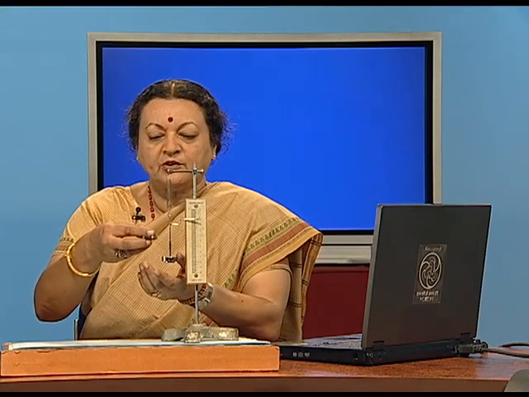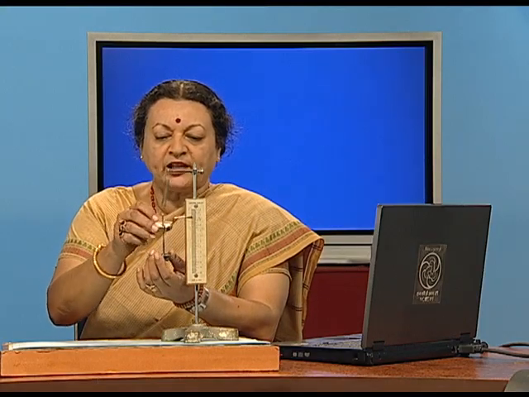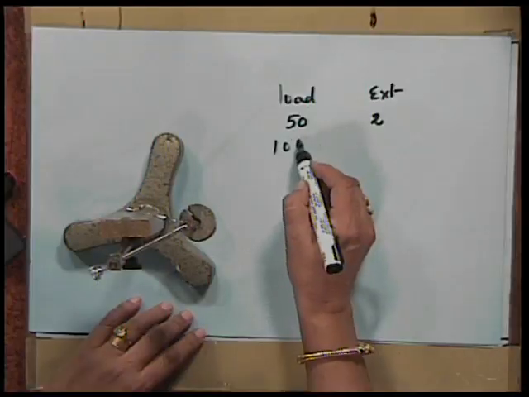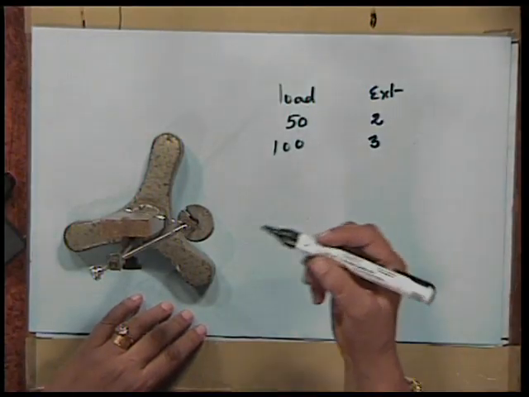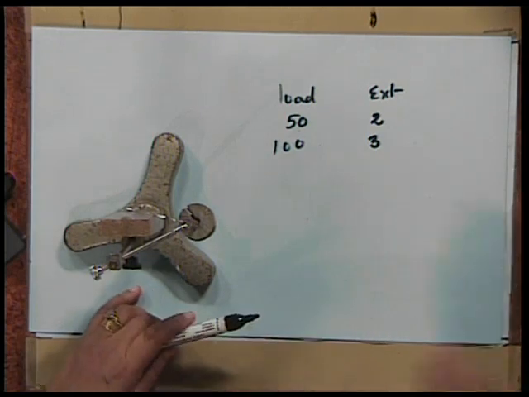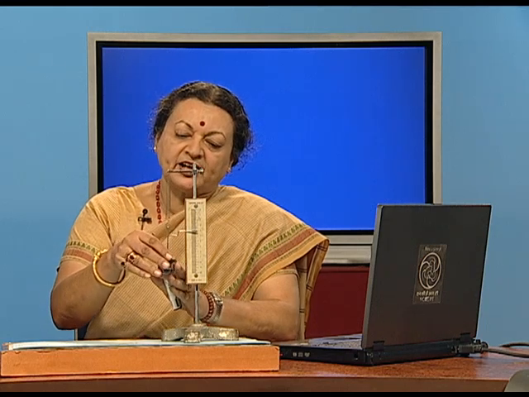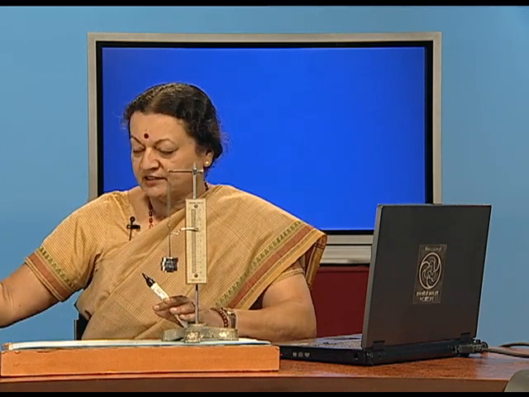I can take another weight, making the total weight stretching the spring to 100, and this 100 is giving me a value of 3 as read off from the scale attached to the spring. Adding more weights, as you can guess rightly, is going to extend it.